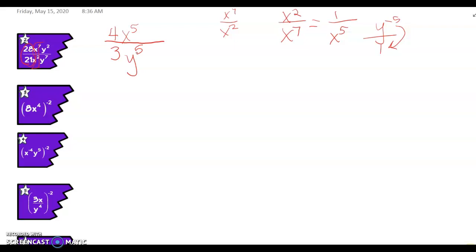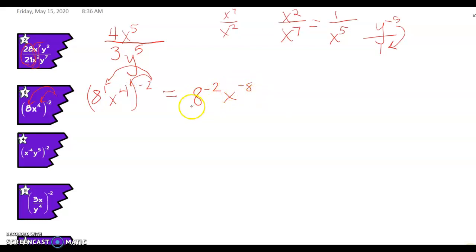In this case, I probably would actually go ahead and multiply your exponents. So I have 8 to the 1, x to the 4th, with a negative 2 exponent. So that simplifies to 8 to the negative 2, because I'm multiplying the exponents, times x to the negative 8.